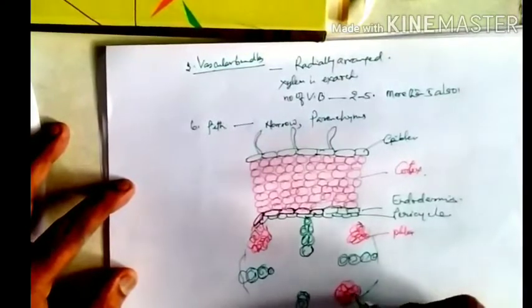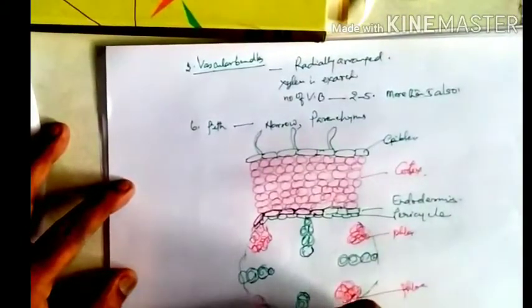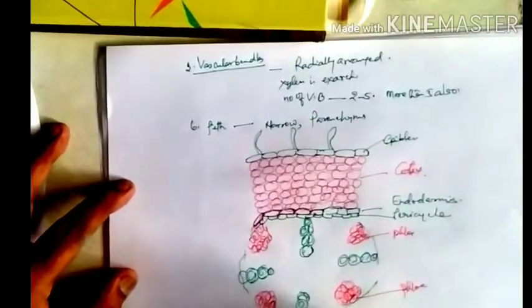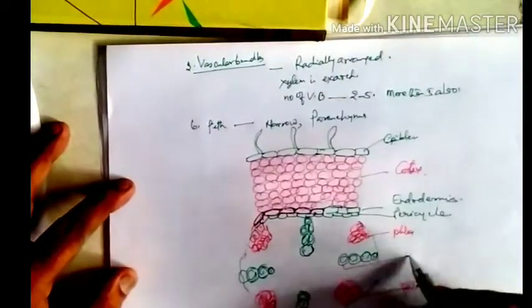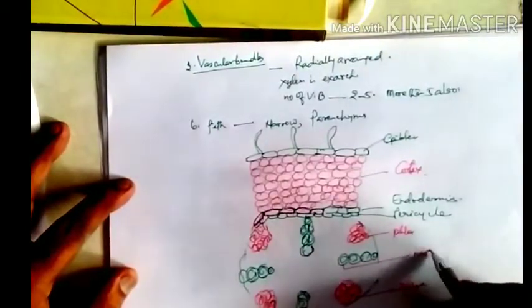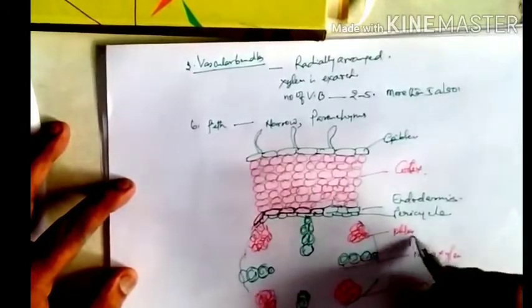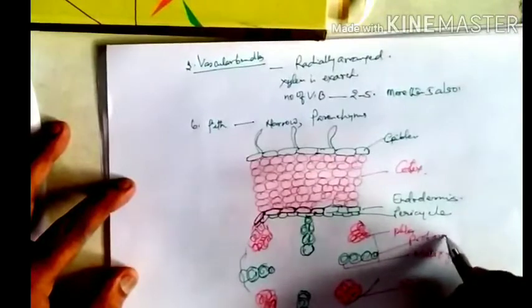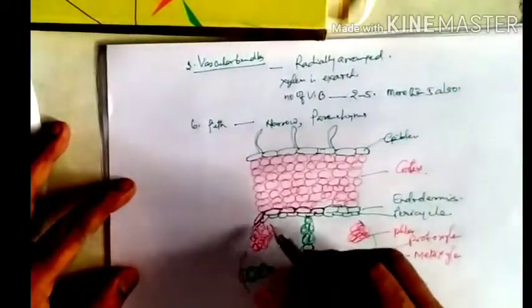The cells of phloem are situated here. Here is the metaxylem, here is the protoxylem. So the arrangement is zigzag.